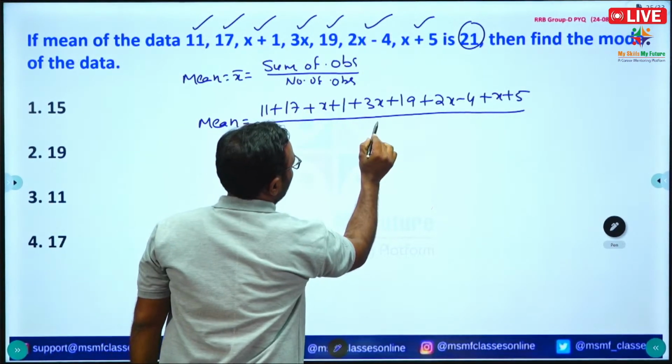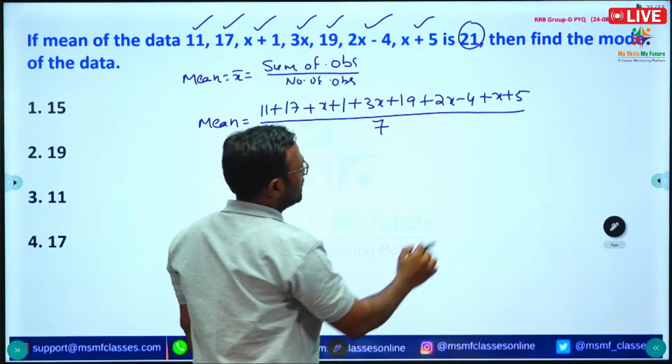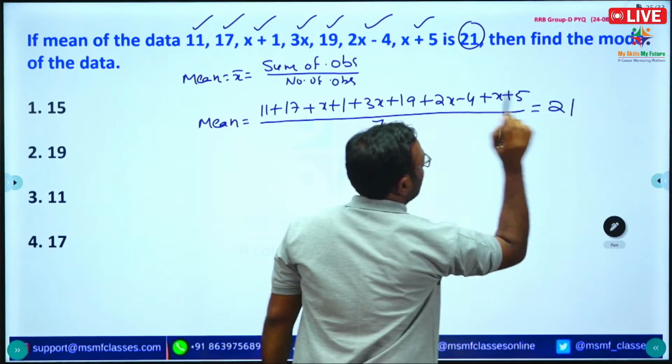So sum of given quantities by number of given quantities is equal to 21.